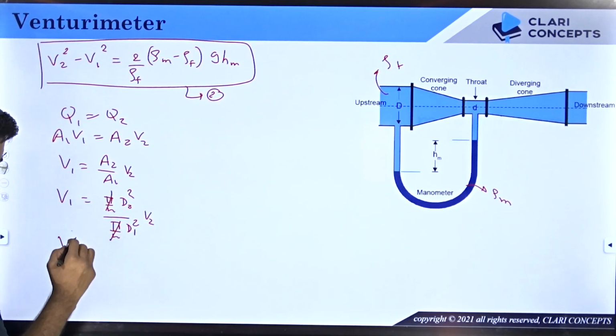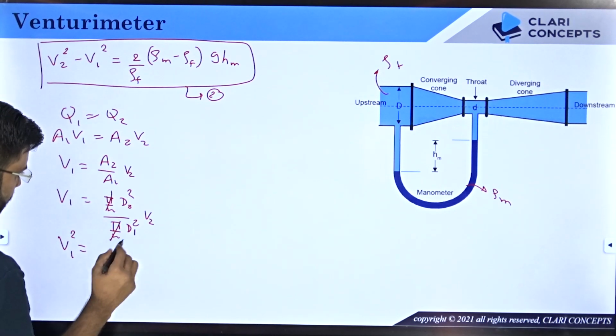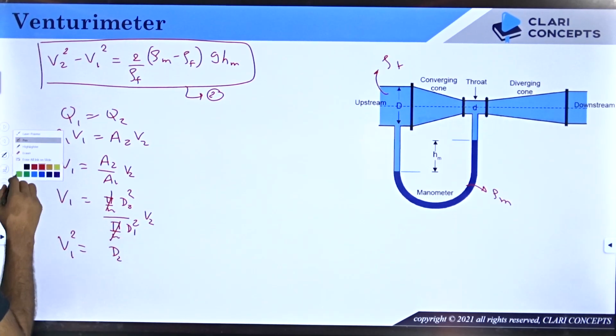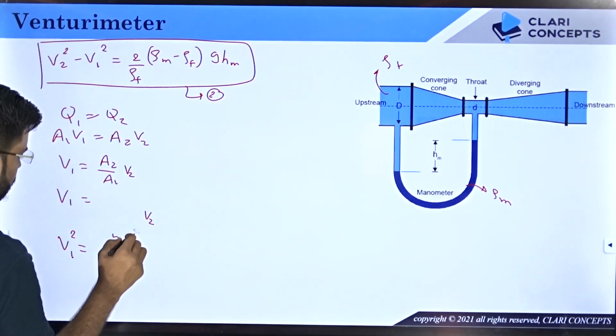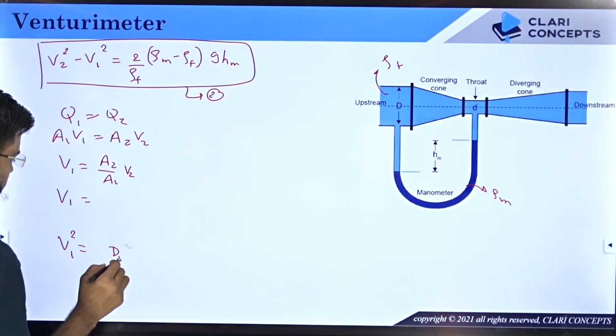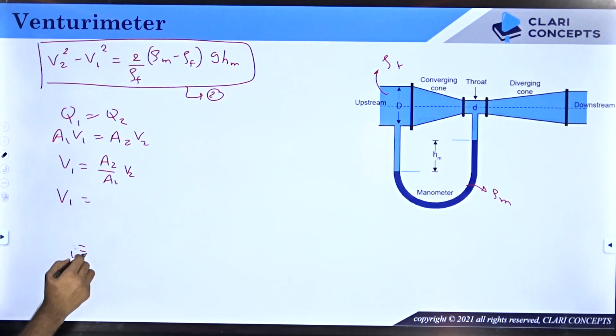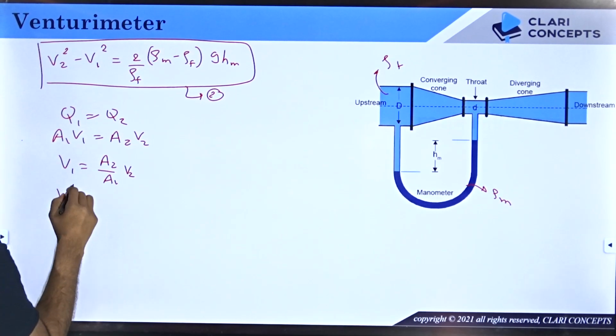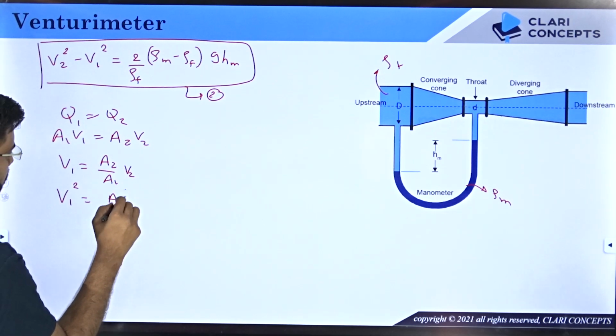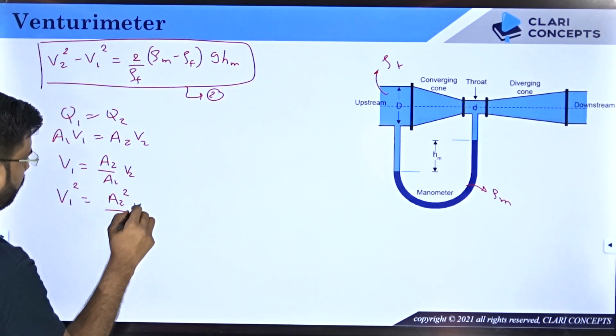Now if you want V1 square, we will do it in the final form just to keep it very simple right now. So if I want the square now, V1 square will be equals to A2 square by A1 square into V2 square.